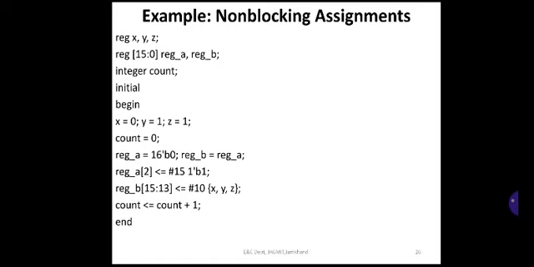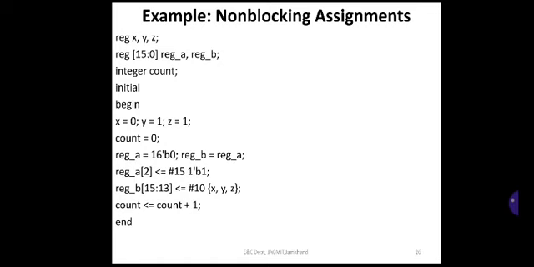Reg x, y, z are register type. Then reg A and reg B are register type vectors, 15 down to 0, so each of them is 16-bit. Then count is an integer type variable.